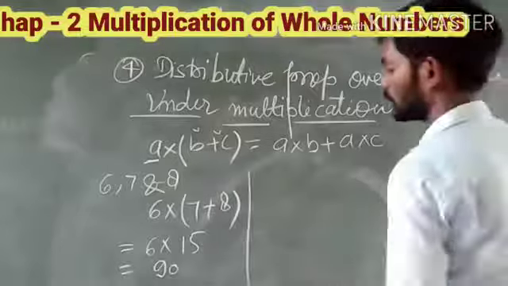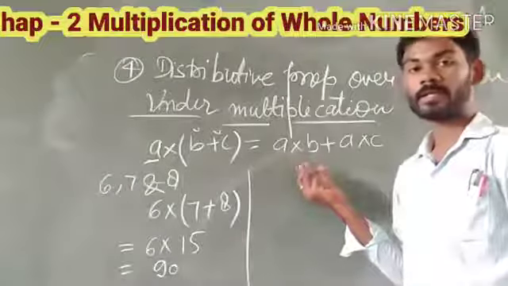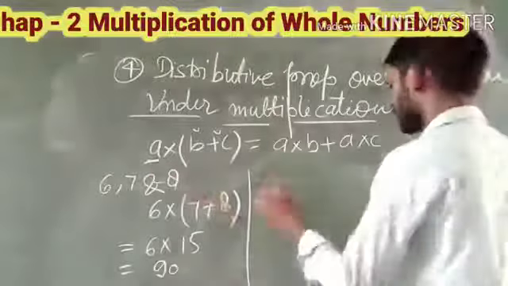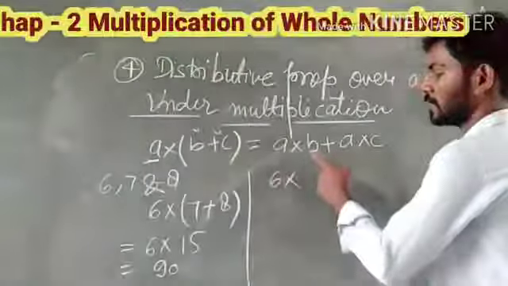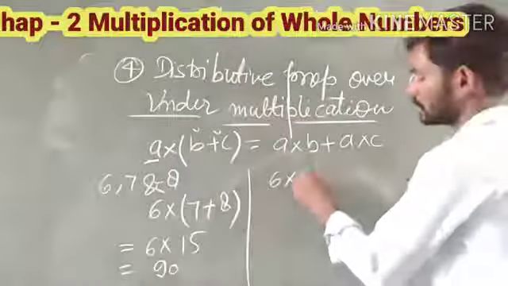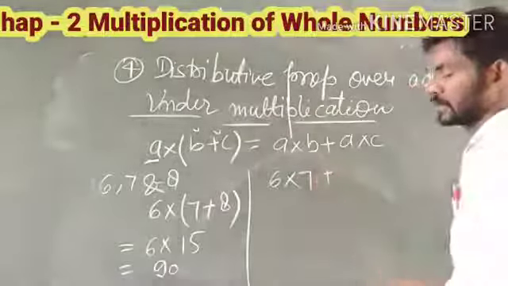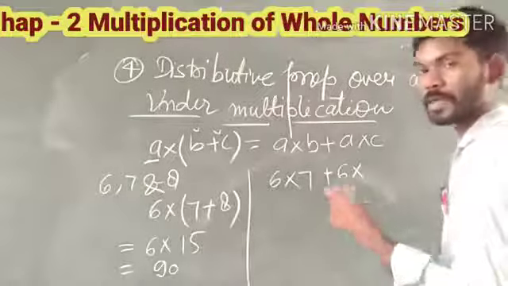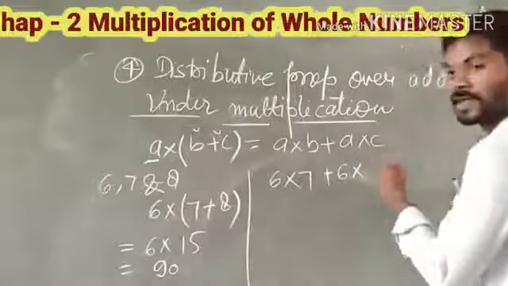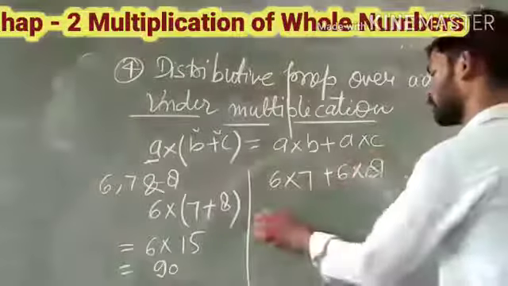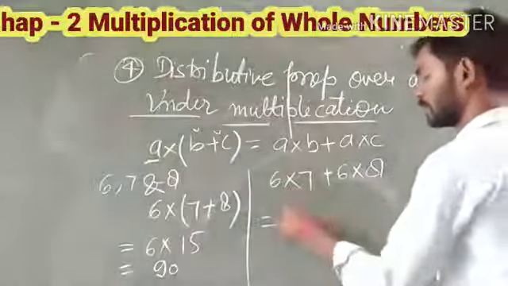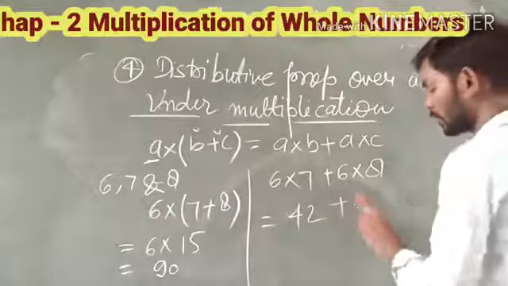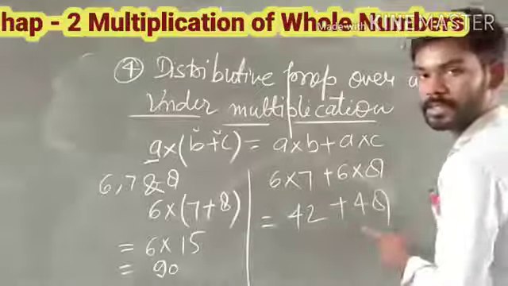Next on the right hand side we can see that the value of A is 6 multiplied by the value of B is 7, plus the value of A is 6 multiplied by the value of C is 8. So here we get 6 7s are 42 plus 6 8s are 48, and now find the sum.